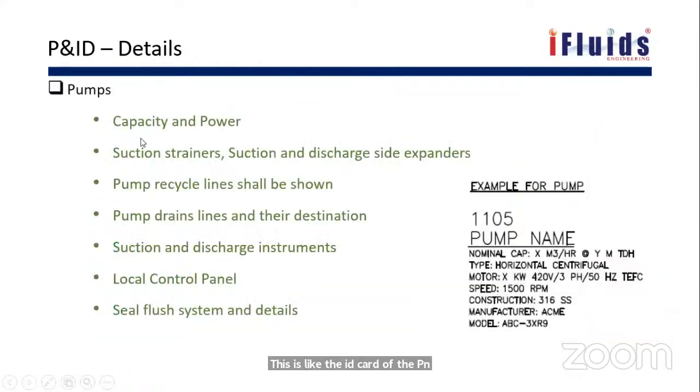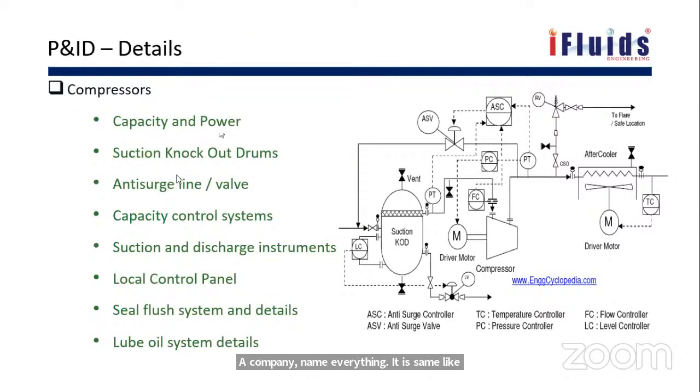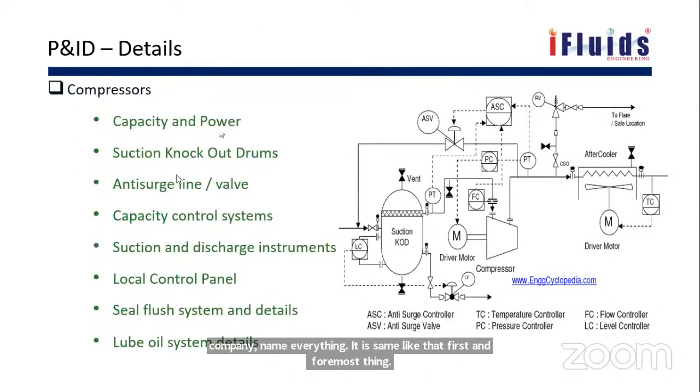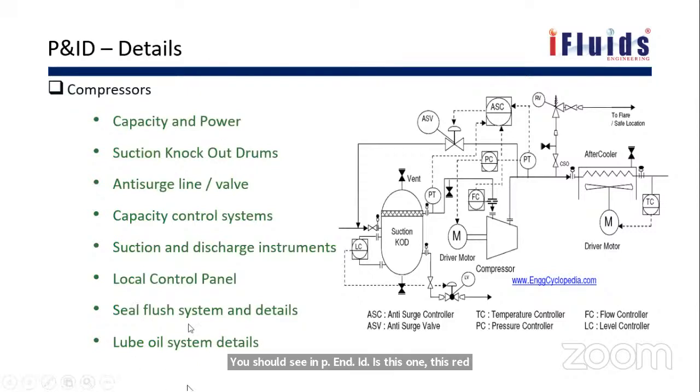In an ID card, we'll have our name, numbers, agency contact numbers, a company name, everything, right? It is the same like that. The first and foremost thing you should see in a P&ID is this one, this red circle where you have the design approval and everything. So this should be the latest.